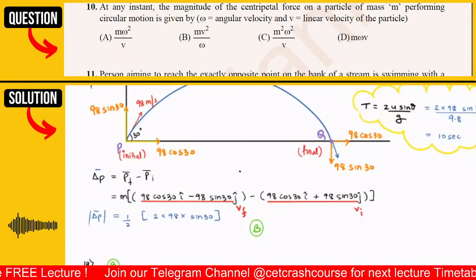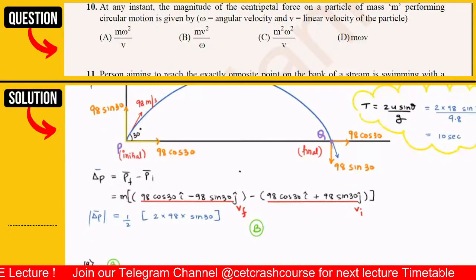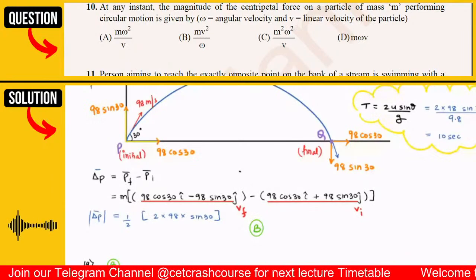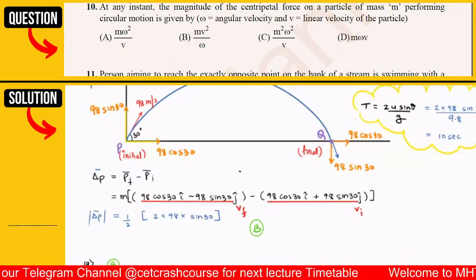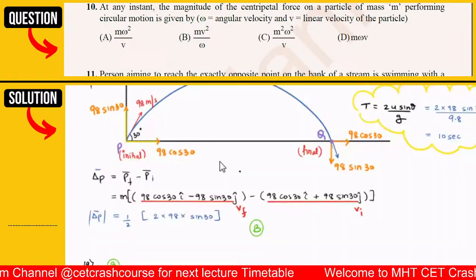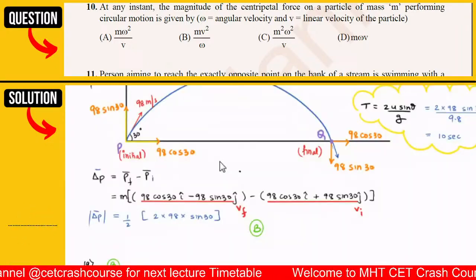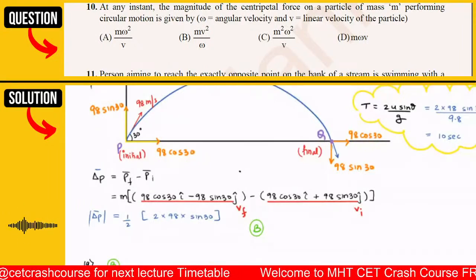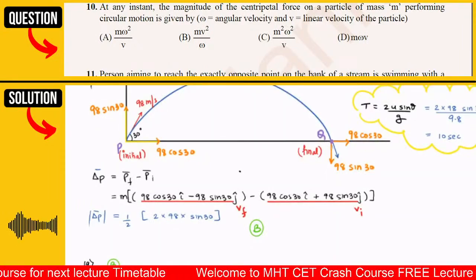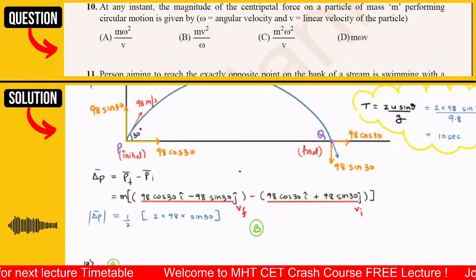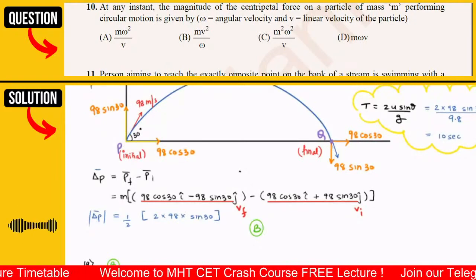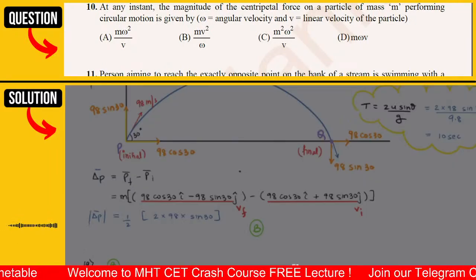So first, you have to find, with a little research, where the particle will lie after 10 seconds. We found out that the particle lies exactly at the end of trajectory. And then we have done a simple calculation of change in momentum, final velocity minus initial velocity, with vector concept. Is that clear, Anushka?